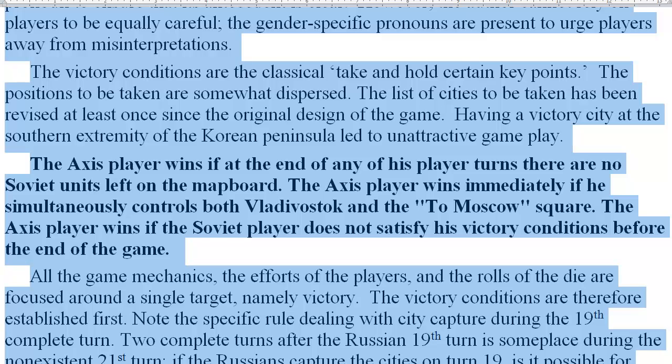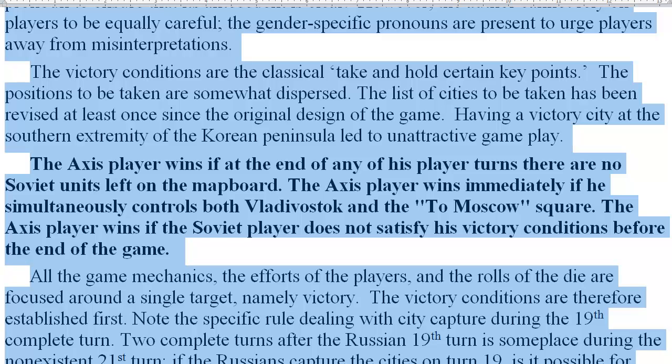The Axis player also wins immediately if he manages to control both Vladivostok and the 2 Moscow square. Though that victory condition is also extremely difficult to obtain because the Soviet player starts with a considerable depth of defense between his front line and the 2 Moscow square, and has lateral railroads letting him move lots of forces into the way if the Japanese player tries an offensive.